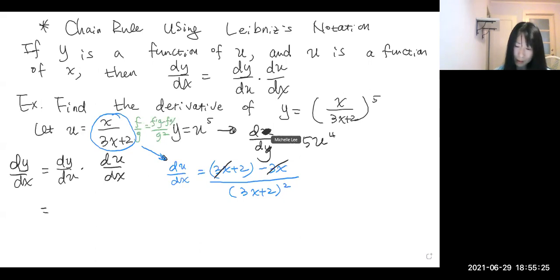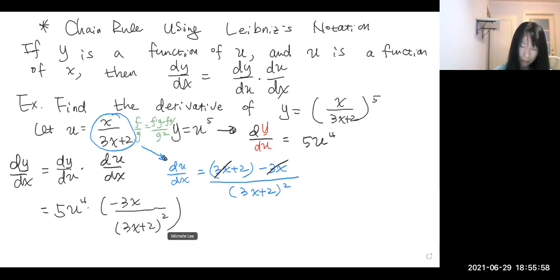Oh my goodness, I made a mistake there. dy over du, which is 5u to the 4th power, and du over dx, which is negative 3x over 3x plus 2 quantity squared, right?